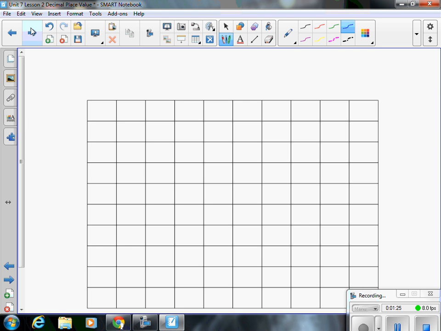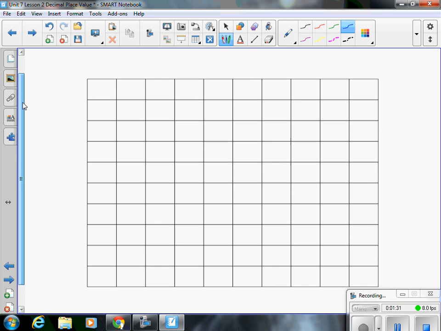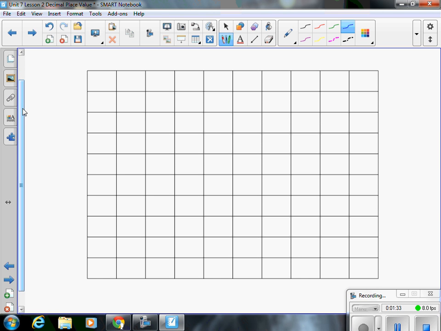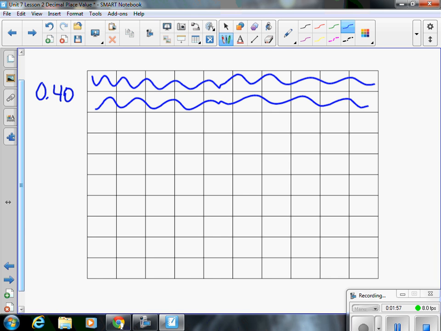Let's say this is a hundredths decimal model. So let's say I want to model 40 hundredths. So let's see, there's 10 squares going across the top. So I'm going to shade in 10, 20, 30, 40 hundredths.